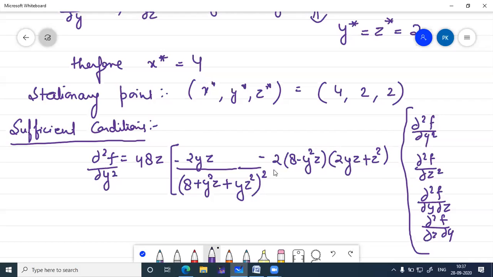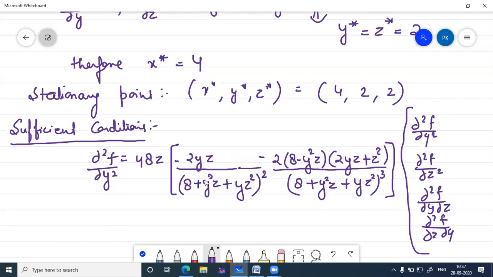Please check it yourself. Is this what you get on evaluating? This is the second order partial derivative with respect to y.